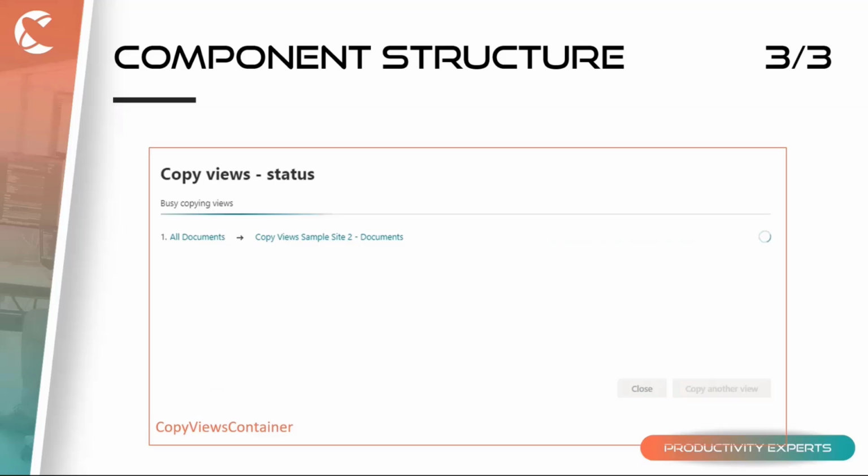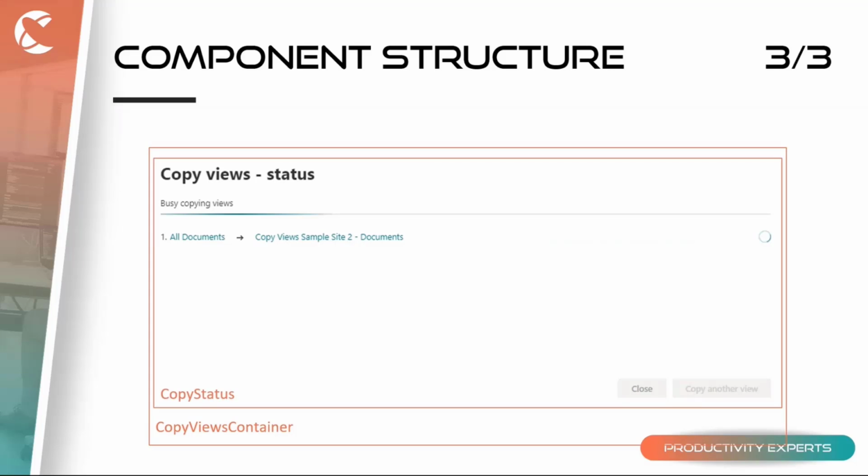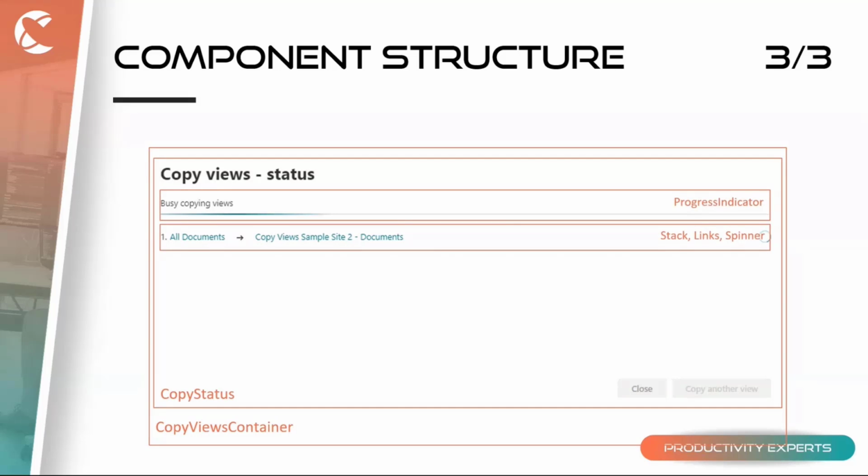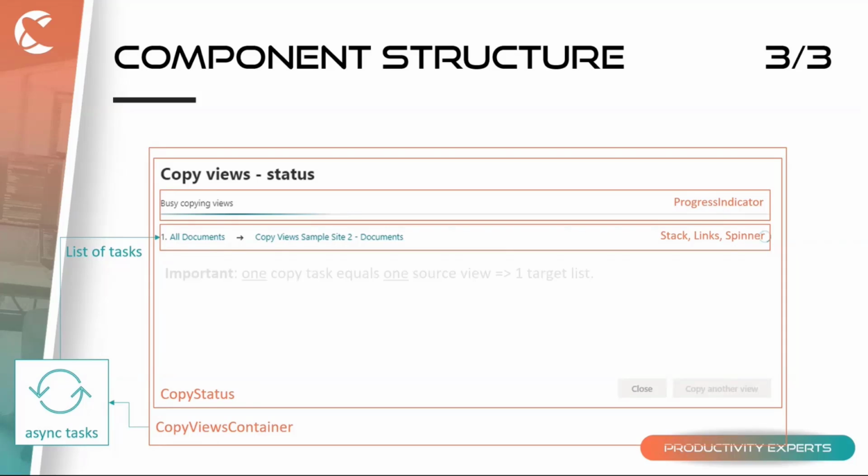As soon as you click the copy view button, another component is rendered. It's the copy status component, and it will show a list of all tasks, and also the status of each task, using all kinds of default Fluent UI components.